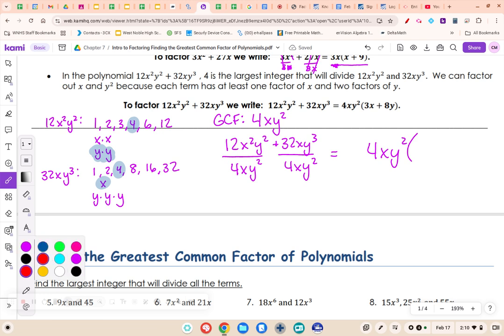And then once I complete this division, I'll be good to go. So 12 divided by 4 is 3. X squared and x cancel to just a single x, and these y's both cancel out. So I have 3x first. 32 divided by 4 is 8. The x's cancel, and the y's cancel to 1y.